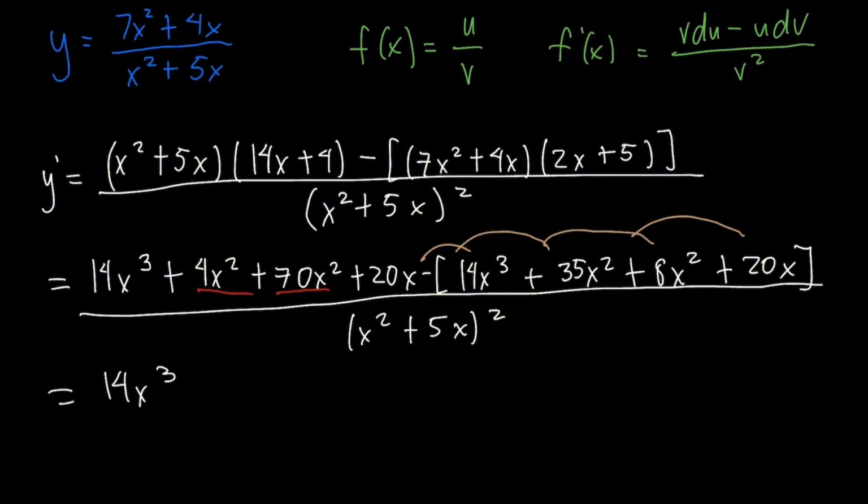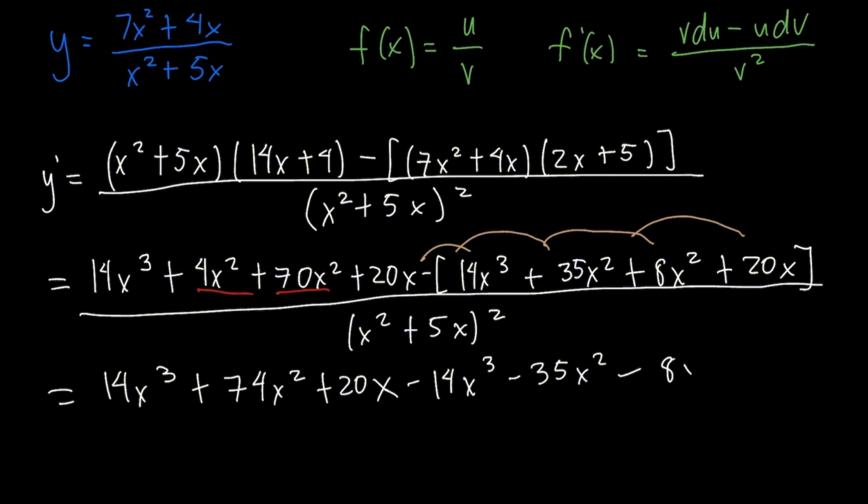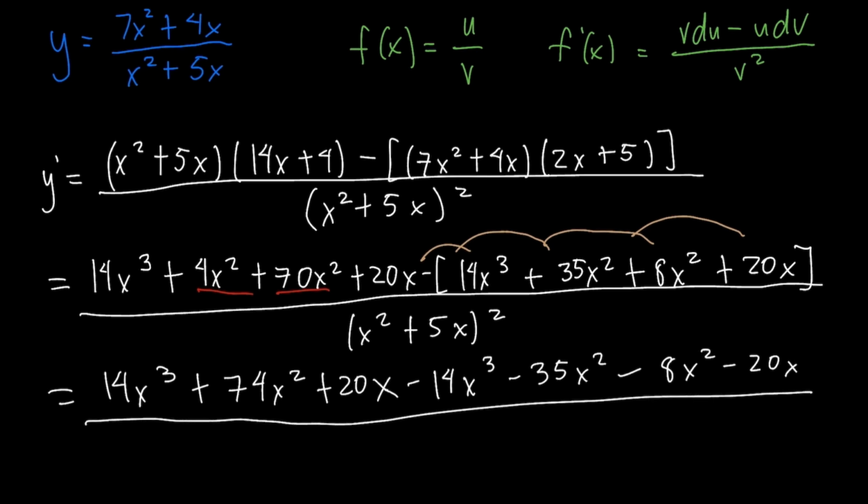So 4x squared plus 70x squared, that is equal to 74x squared plus 20x minus 14x cubed minus 35x squared minus 8x squared minus 20x. Then let's copy the denominator, which is x squared plus 5x quantity squared.